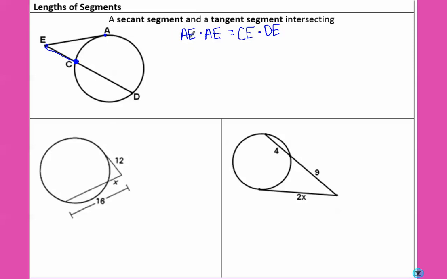So since outside and the entire thing are the same for the tangent line, entire times entire equals the outside times the entire.